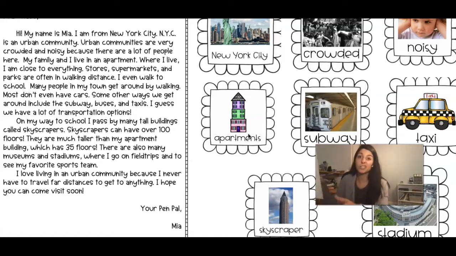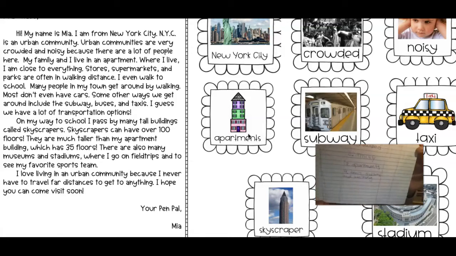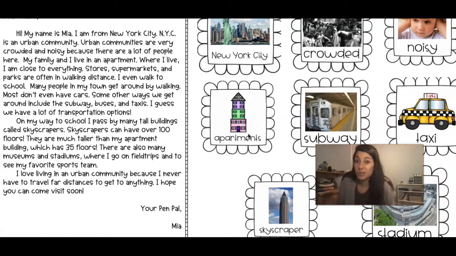I just wrote the word subway, comma, taxis, comma, and walking. Okay? So that's what you can write on your piece of paper, because we know people in urban communities a lot of times will walk places, will take a taxi, or a subway or a bus. Taxis, walking, buses, or subways, right?